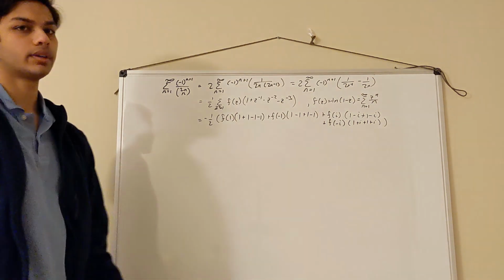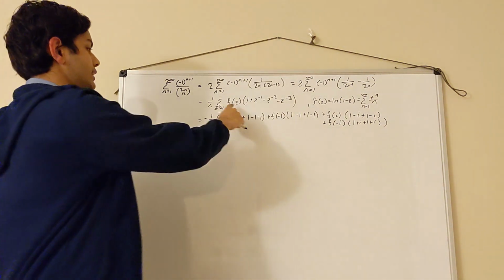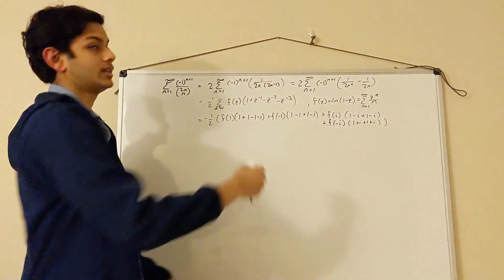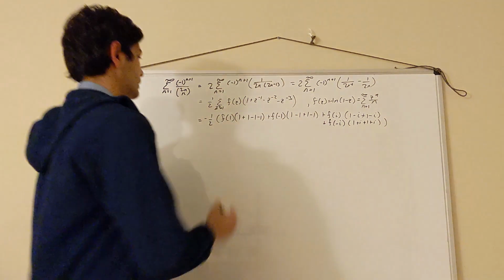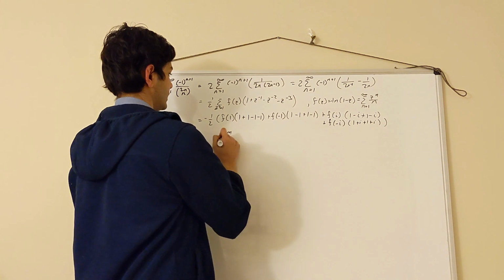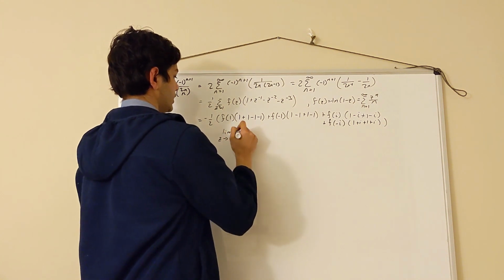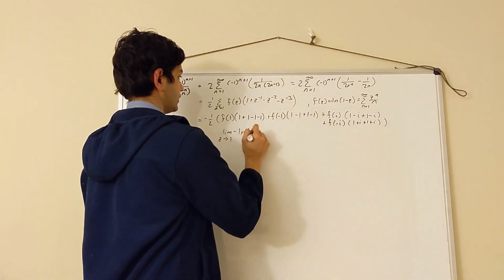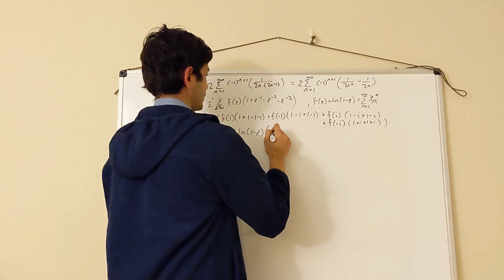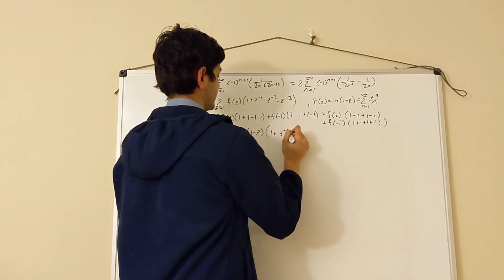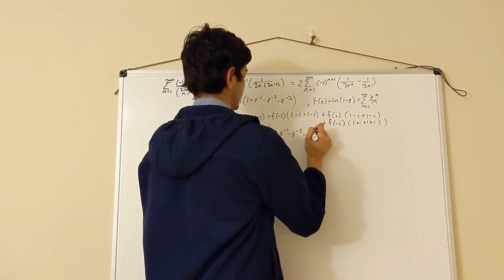So one way to avert the issue is to say, okay, f of z times this guy is continuous. So what you can do is just take the limit. You can take the limit as z approaches 1 of negative natural log of 1 minus z times 1 plus z inverse minus z to negative 2 minus z to negative 3.